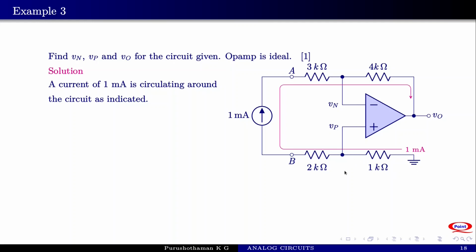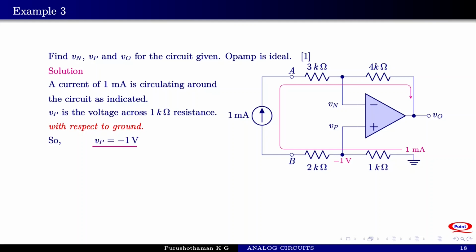So you can calculate that value first. Vp is minus the voltage across 1 kilo ohm resistance with respect to ground, which is equal to minus 1 volt. And since there is virtual ground, Vn is equal to minus 1 volt.